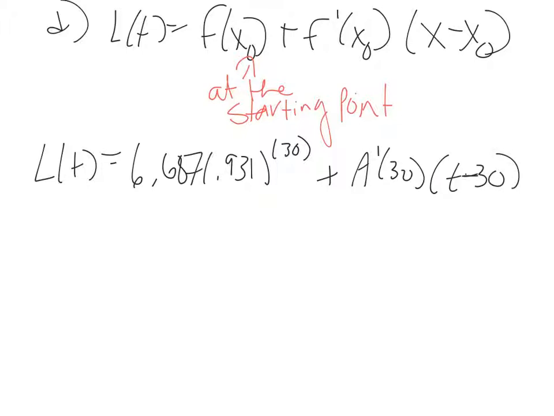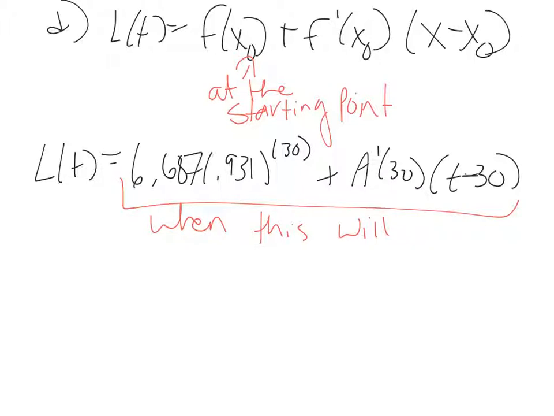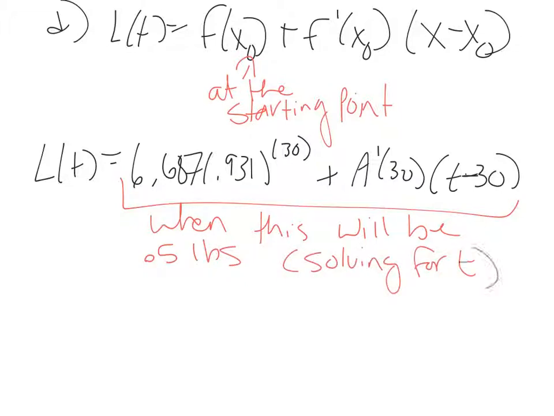What are we doing? We're actually setting this equal. We want to know when this, we're solving for t. Okay, so I am going to set this equal to 0.5.